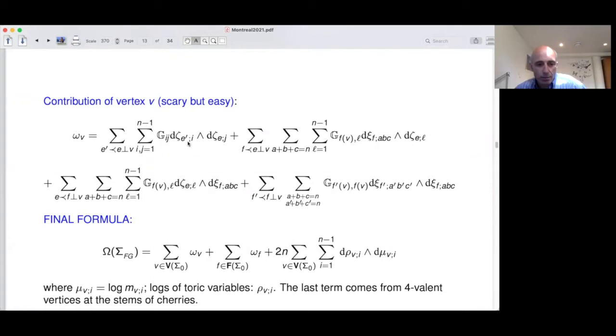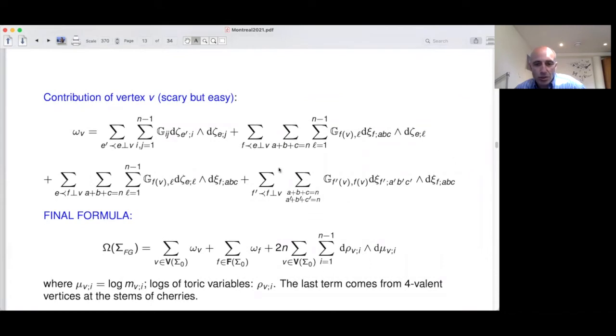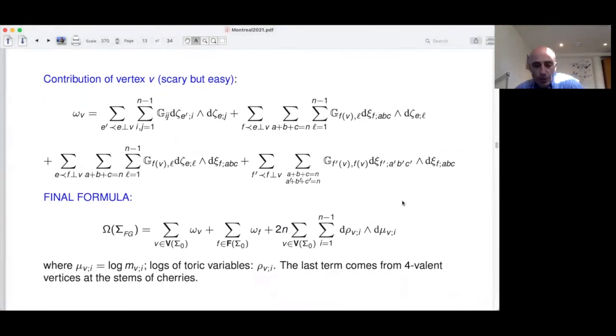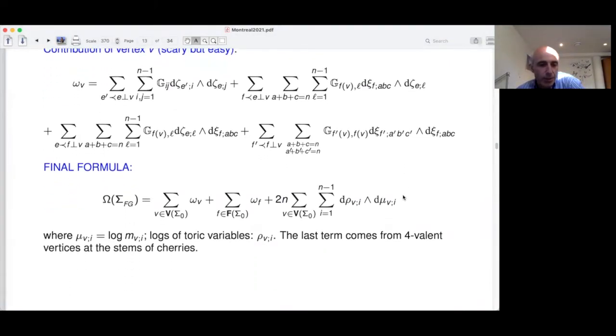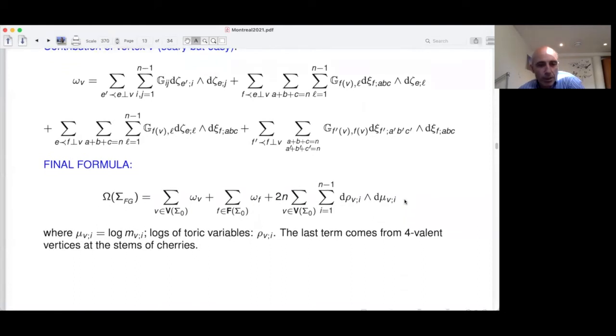Anyway, all these expressions involve this inverse Cartan matrix, and that looks scary, but the actual computation of that is easy because everything is either upper or lower triangular. Again, the algebraic details are probably not very important here, but in the end, we get the sum of contributions of vertices, the sum of contributions of faces, plus these mu's, which are logarithms of eigenvalues essentially, and rhos, which are normalization variables for the eigenvectors.